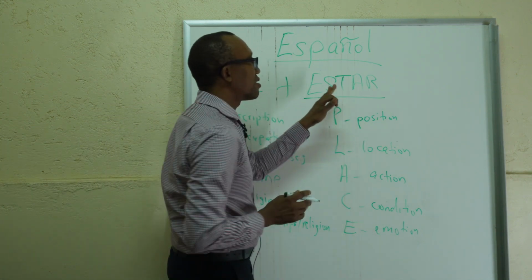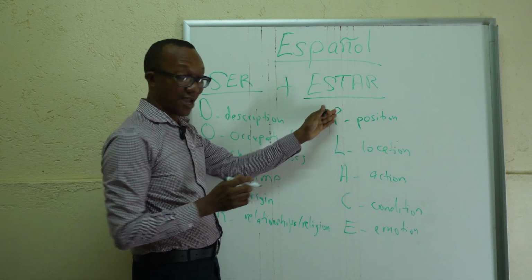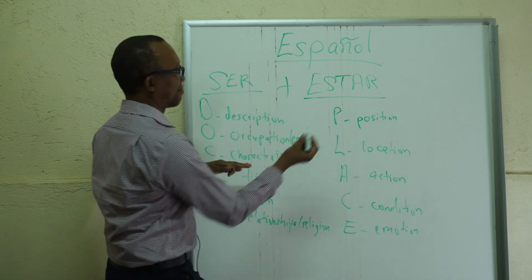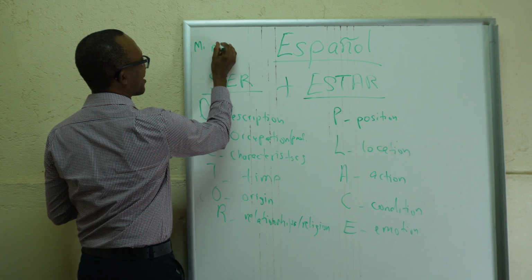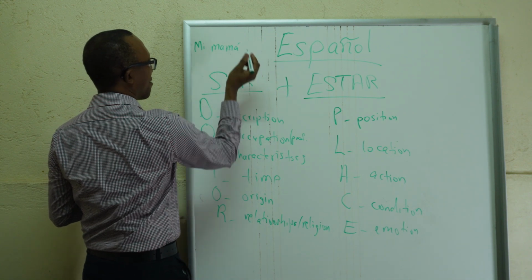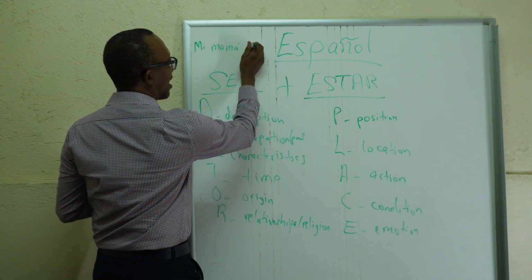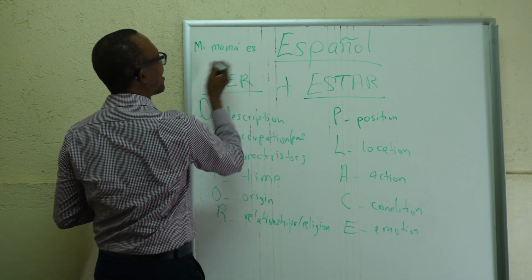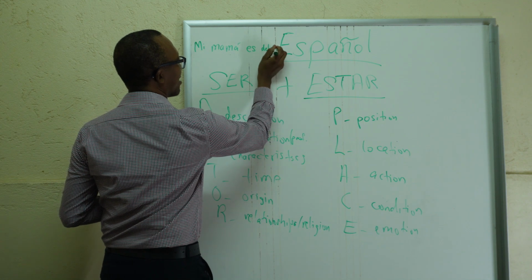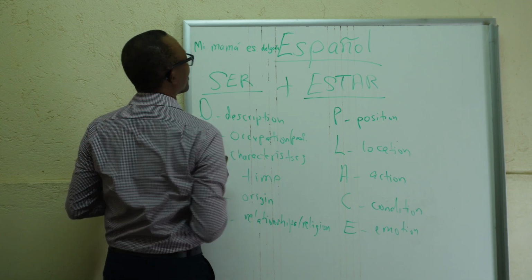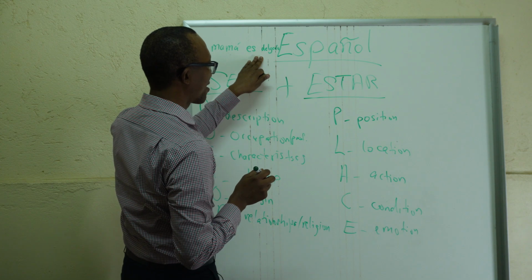I would not use ESTAR, right? So the example, above, let me go above it. So mi mamá es delgada. So my mother is slim.